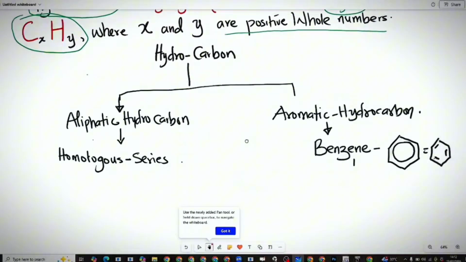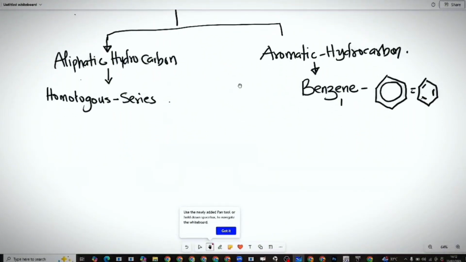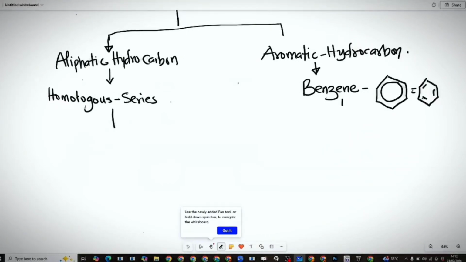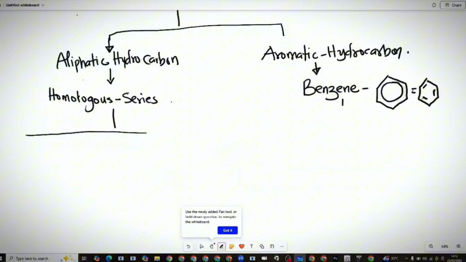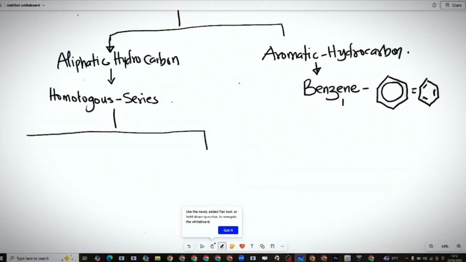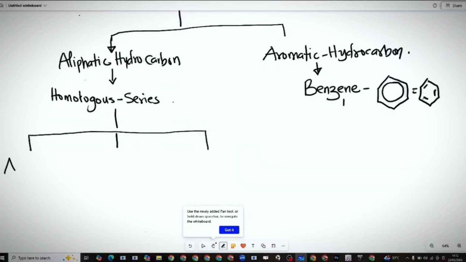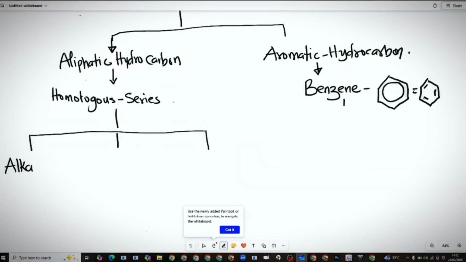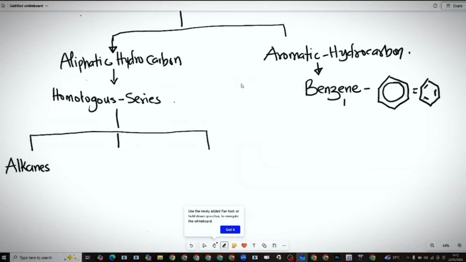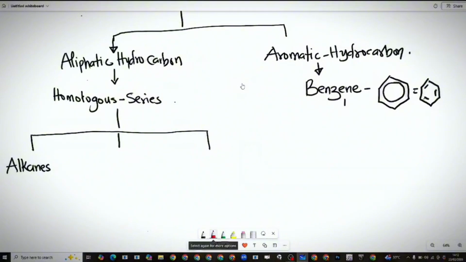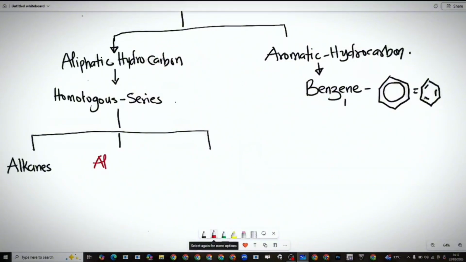Don't worry, the chart is not a very long chart. It's just something that will help us understand how organic chemistry works. So the three families of the homologous series we're looking at are the alkanes, the alkenes, and also the alkynes.